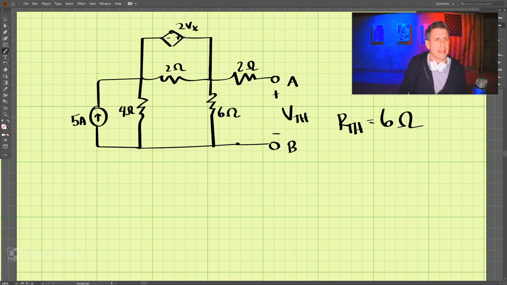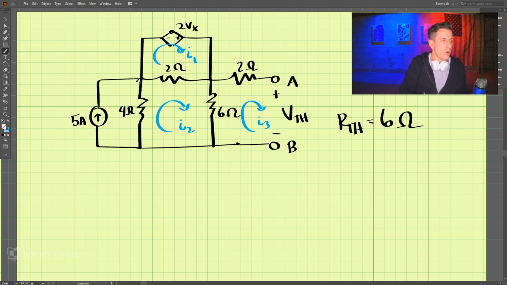So let's go through and solve this for the Thevenin voltage. Here, we will make our loops. Let's call this I1, and then I2, and lastly I3.